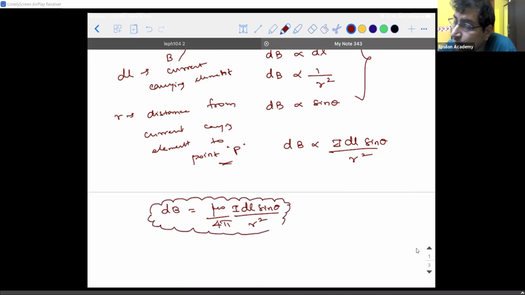So this is the scalar form of Biot-Savart law.